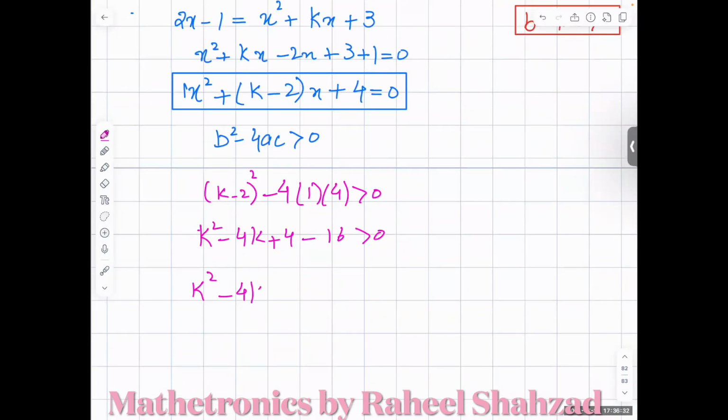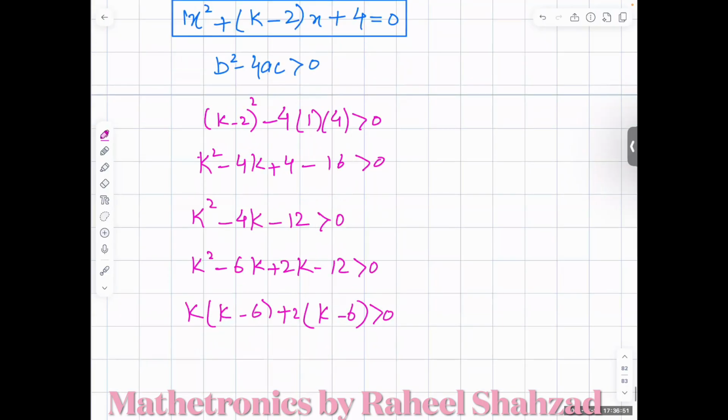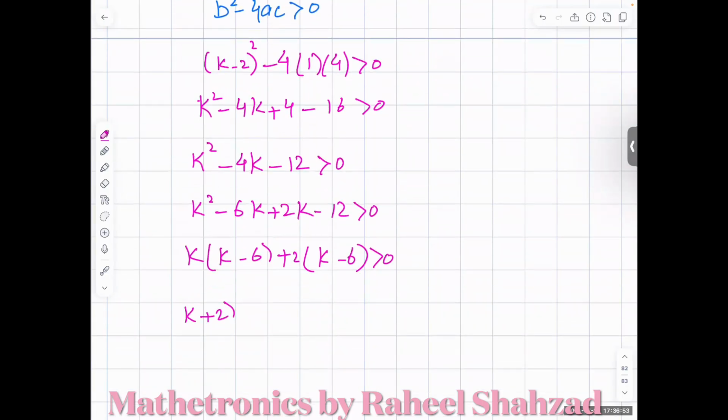K square minus 4k minus 12 greater than 0. Okay. Now that is going to be k square minus 6k plus 2k minus 12 is greater than 0, so (k plus 2)(k minus 6) is greater than 0.